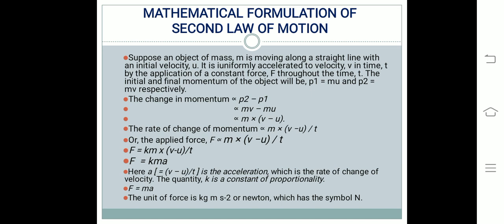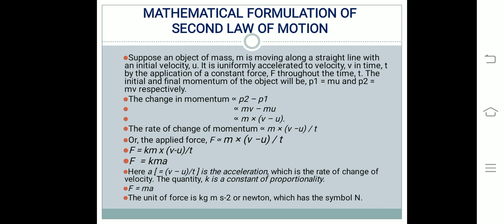Now, the rate of change of momentum is proportional to m into (v minus u) divided by t. So, applying the second law of motion, the rate of change of momentum is proportional to the force. So, I can write applied force instead of the rate of change of momentum. So, the applied force F is proportional to m into (v minus u) by t.